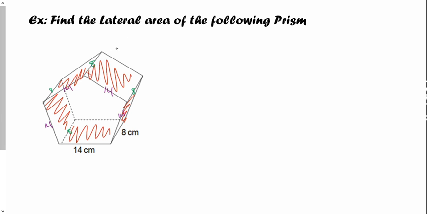First, let's find the area of one of them. They're rectangles, so the area formula for rectangles is base times height. So one of these is going to be 8 times 14, and 8 times 14 is 112. So one of these is 112 square centimeters, because we're talking about centimeters, we're talking about area, we square it.